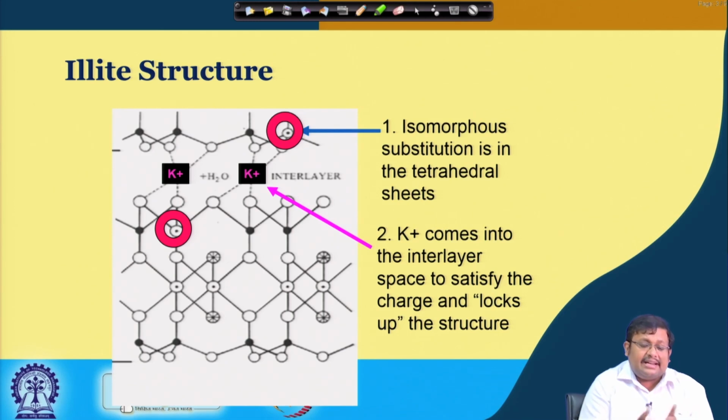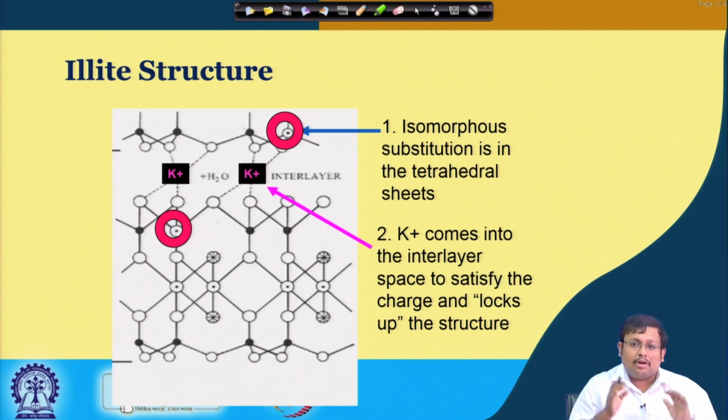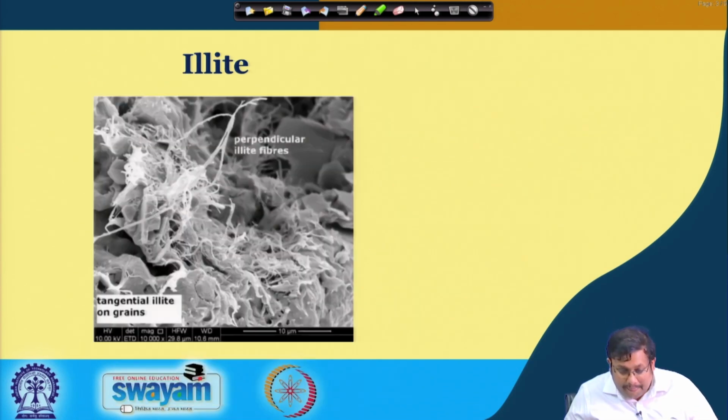So, as a result of tetrahedral isomorphous substitution, negative charge develops on the surface, and this negative charge is satisfied by the potassium ions which come into the interlayers, making it a locked structure. As a result, illite is known as a non-expandable or minimum swelling type of mineral.